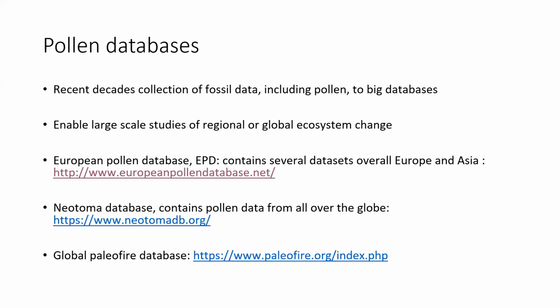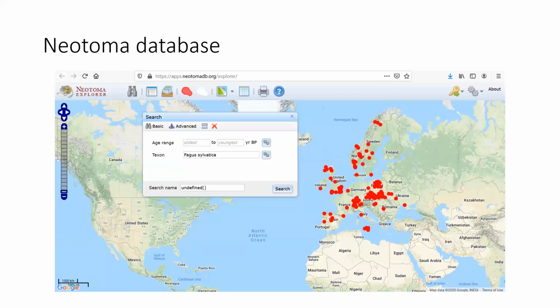This has been quite a big trend recently. And there are different kinds of databases. I've put a few links there for paleoecological data, and here as one example, the Neotoma database that has sites and pollen data and other fossil data also from all over the world.